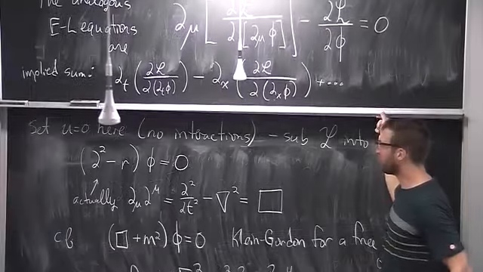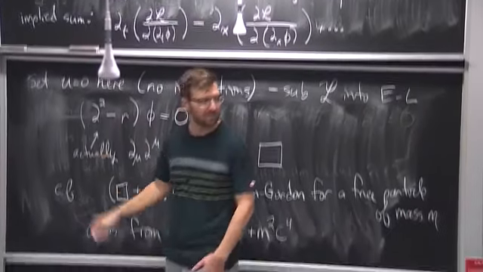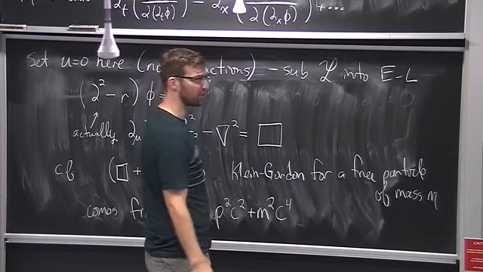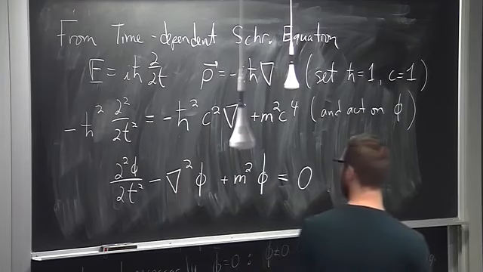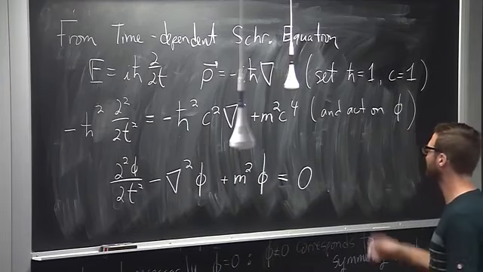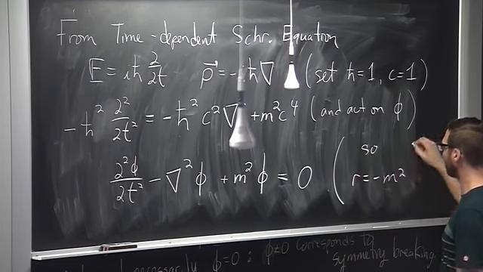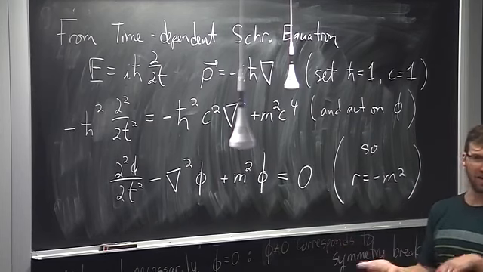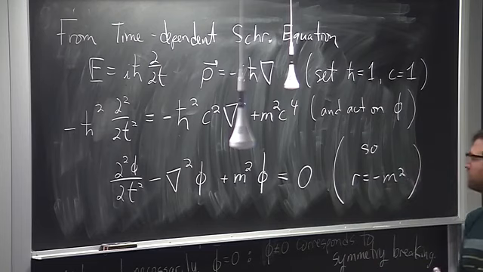But what that gives you is the interpretation of your phenomenological parameter R as, I guess, minus m squared. That minus sign doesn't bother me. It just comes from the way you write the original action, whether you add or subtract the phenomenological phi squared term.